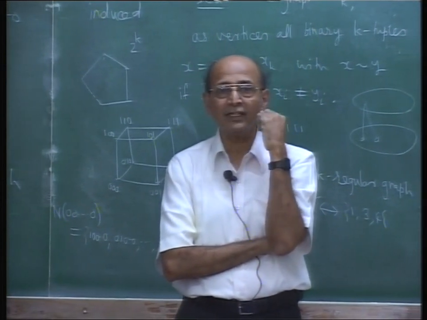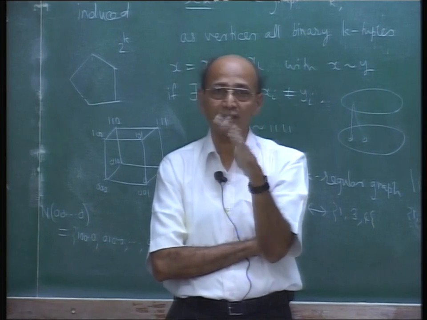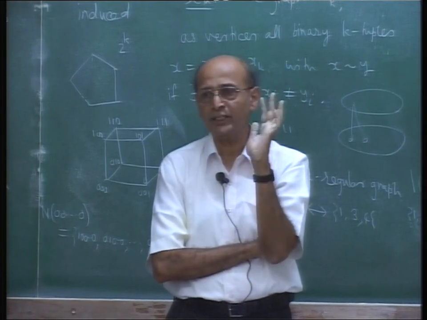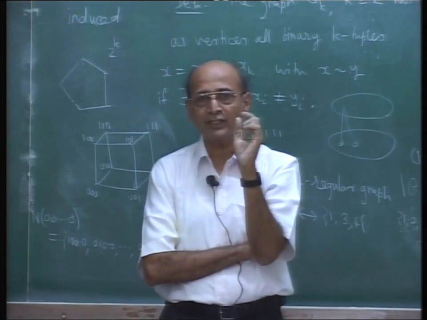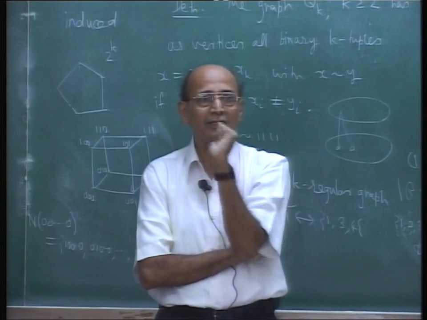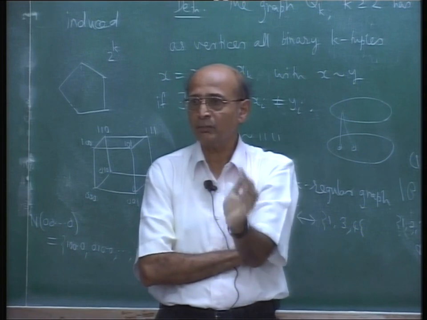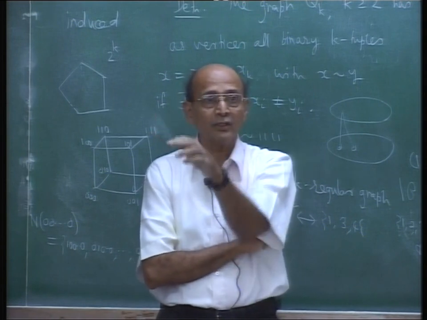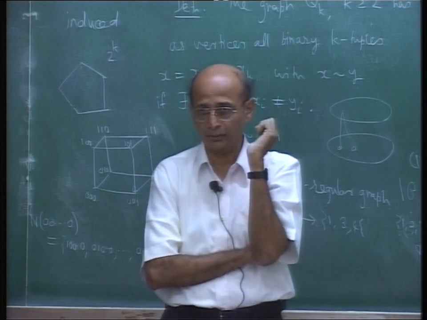When can I say that I can give an affirmative answer? There are two ways of answering this. One is a recursive way. This is called the Havel-Hakimi theorem, which is what we'll do. What is the recursion? When you have one question, you translate it into something else and try to answer that question. So from question number 1 you go to question number 2, from question 2 to question 3, etc. This is what the Havel-Hakimi theorem does.